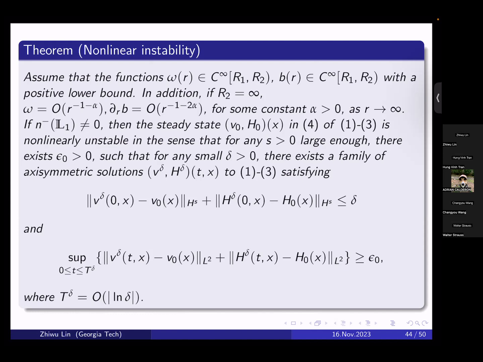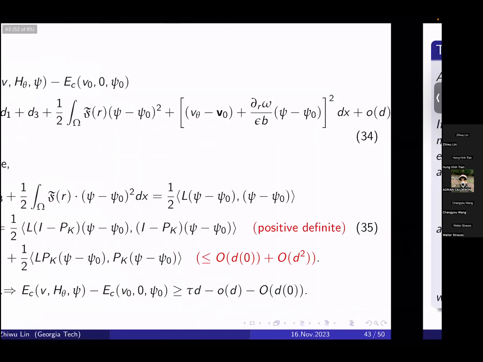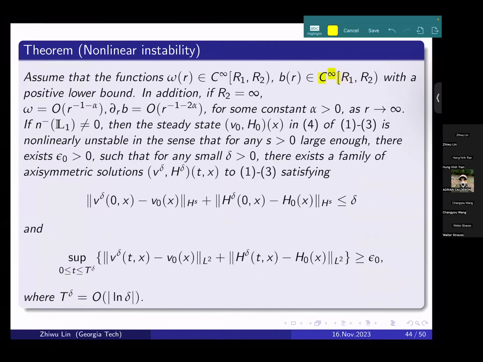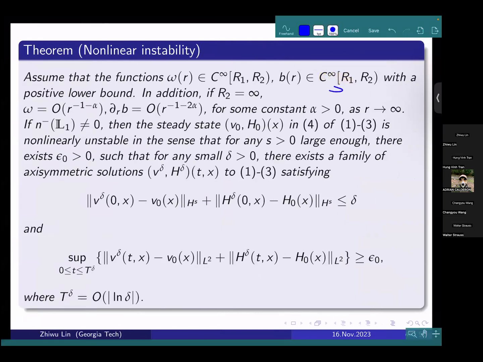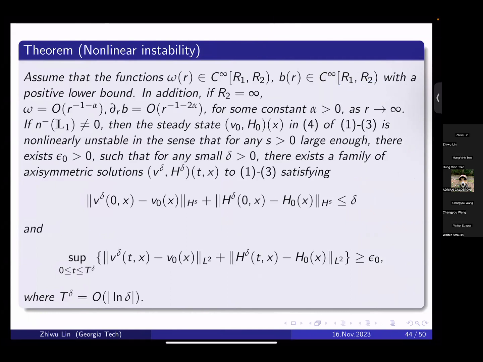It comes from various terms, like for any fluid equation, we know this convection term. If you linearize it, the nonlinear term will have a loss of derivatives. So this approach is to construct approximate solutions to high enough order, then you use the energy estimate to close the error term.